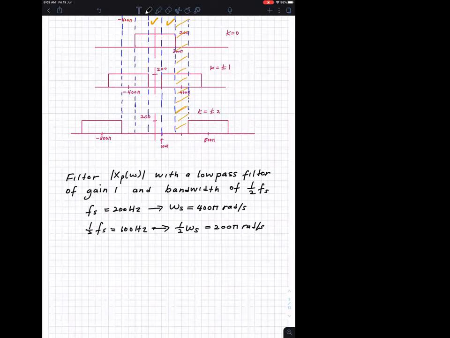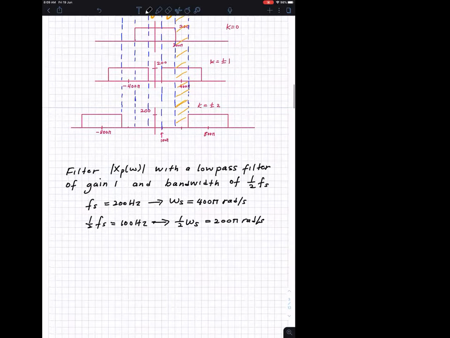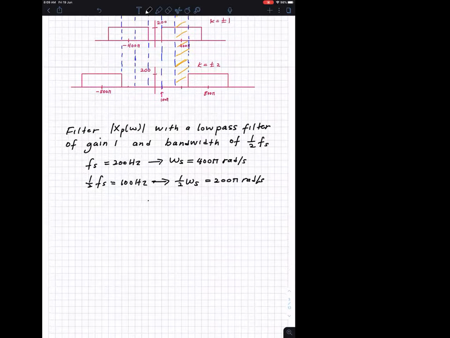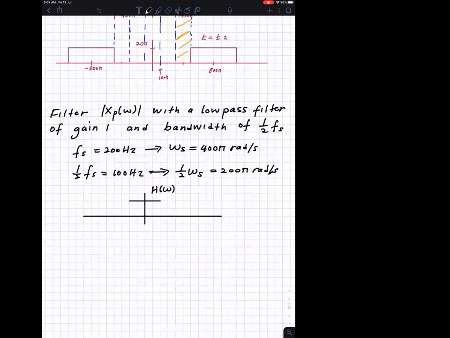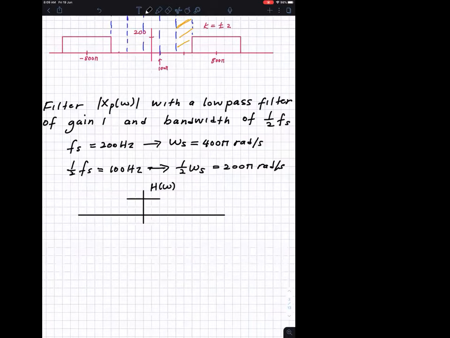So this filter is a low pass filter. It has a gain of 1.